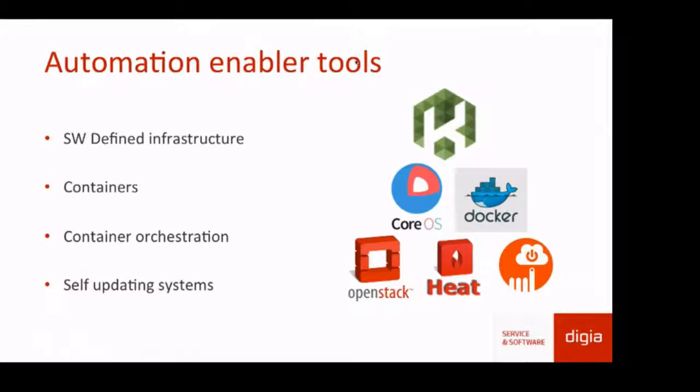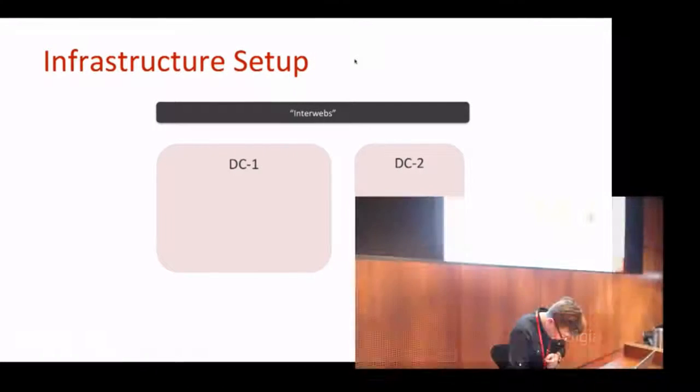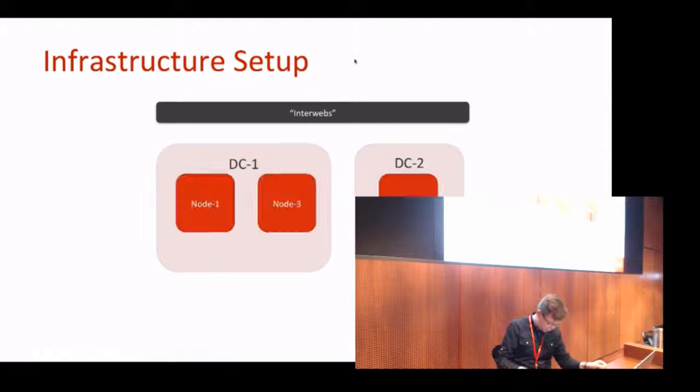In the demo you're about to see in a few minutes, we're going to set up a not so trivial environment anymore. We're going to set up an environment consisting of two different data centers. So we're going to spawn nodes in two different data centers. We're going to connect the interweb into it.